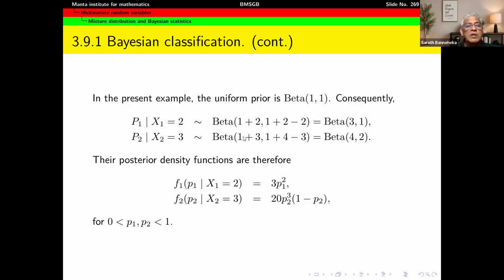So therefore this is the beta distribution. And similarly, the posterior distribution of P2 given x2 is equal to 3 is this distribution, right? So the posterior density functions are these expressions, we already have got them. They both are proper densities.